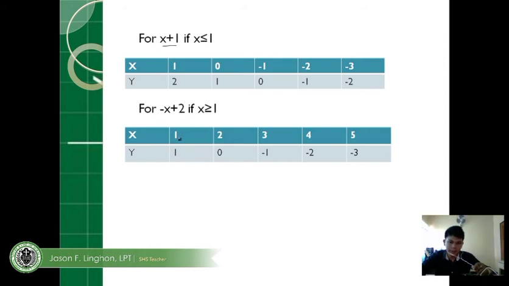Substitute the value of x to the equation, negative x plus 2, para makuha natin yung y. So, negative x plus 2, x is 1, negative 1 plus 2, that is 1. If x is 2, 0. If x is 3, negative 3 plus 2, that is equal to negative 1. Next, 4, negative 2. And if x is 5, negative 5 plus 2, that is negative 3.